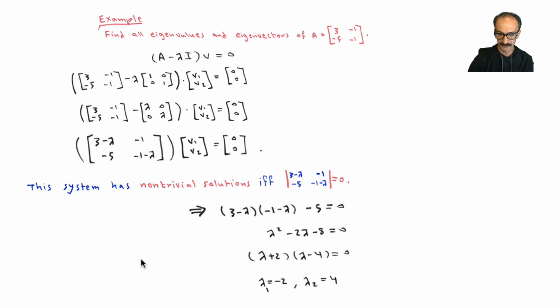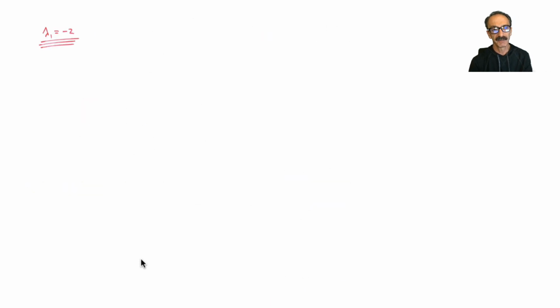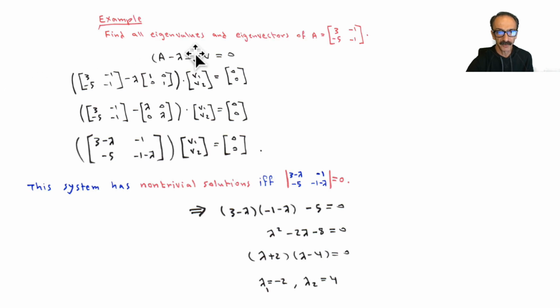So we have two lambdas. Here's the first lambda. Lambda 1 equals -2. So we go back, and right here we write 3 minus lambda 1, and here we write -1 minus lambda 1, but lambda 1 is -2. So 3 minus -2 times 1, that's the full steps, which is 5.